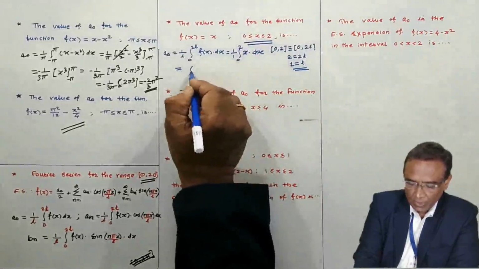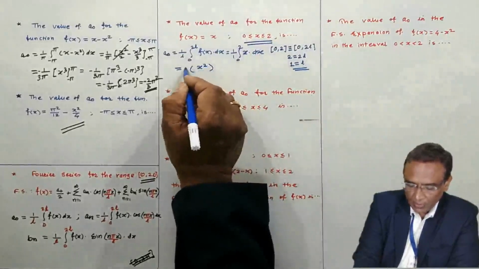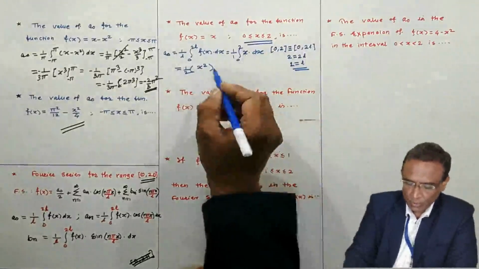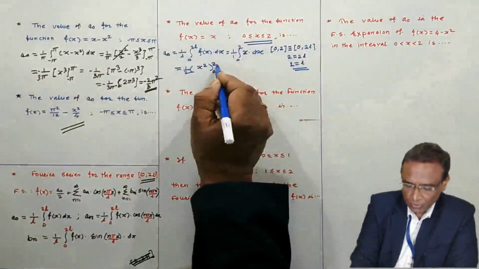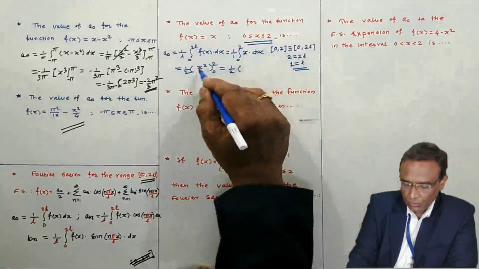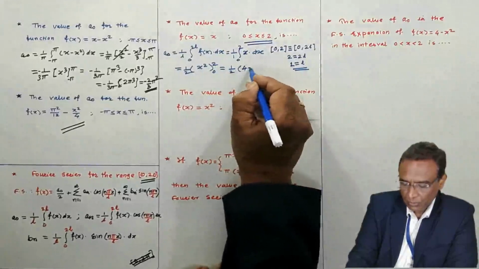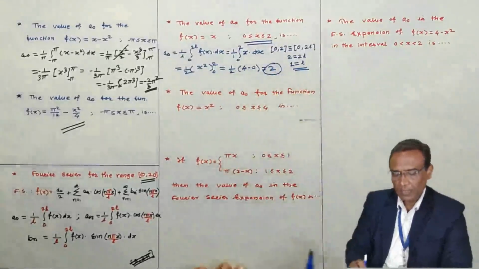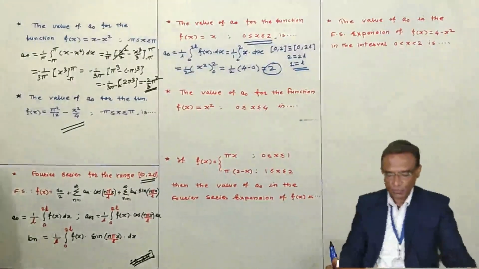Now 1 by 1 is 1. Integral of x is x square by 2. I have written the 2 outside, but you can write it inside also. Now 1 by 2. Put x equal to 2. 2 square is 4 minus 0, and 4 by 2 is 2. Okay. This is the value of a0.